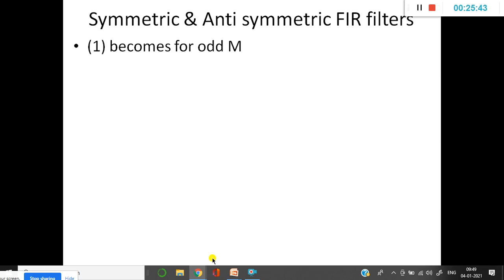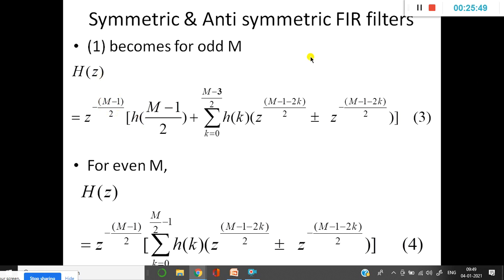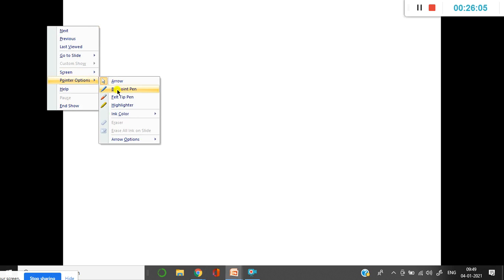So h of z is like this for m odd, and h of z is like this for m even. I'll just make sure how it is going to be.